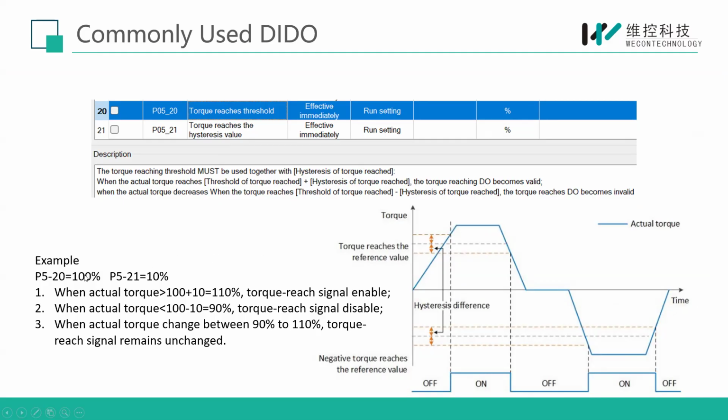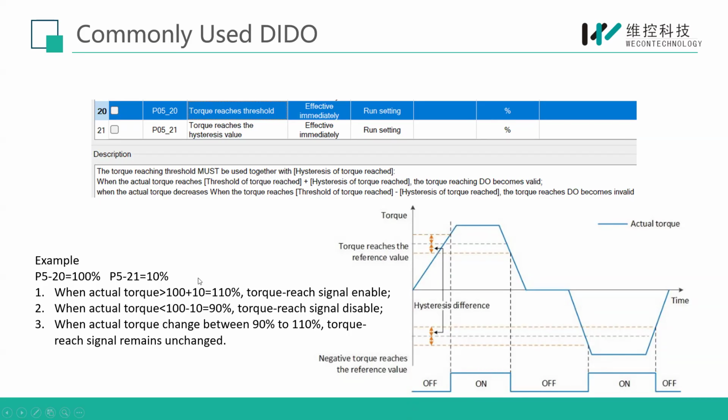For example, if we set P5-20 as 100 and P5-21 as 10%, then every time the torque of the motor is bigger than 110%, this signal will become on.